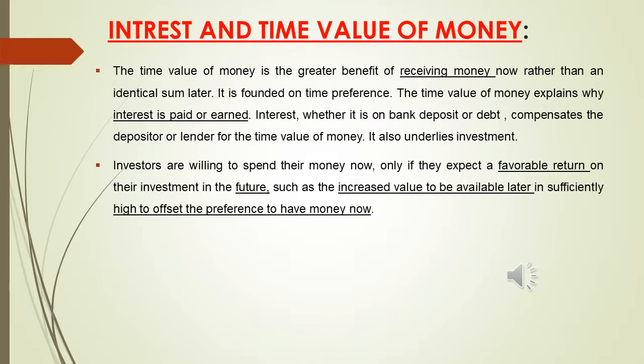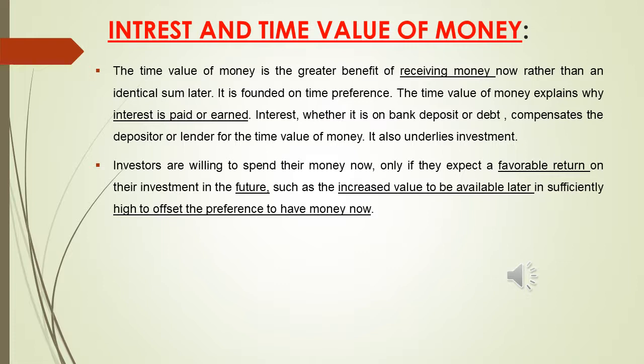It also underlies investment. The time duration between when the depositor deposits or the lender gives the money is the thing that matters. Second point: investors are willing to spend their money now only if they expect a favorable return on their investment in the future, such that the increased value available later is sufficiently high to offset the preference to have money now.